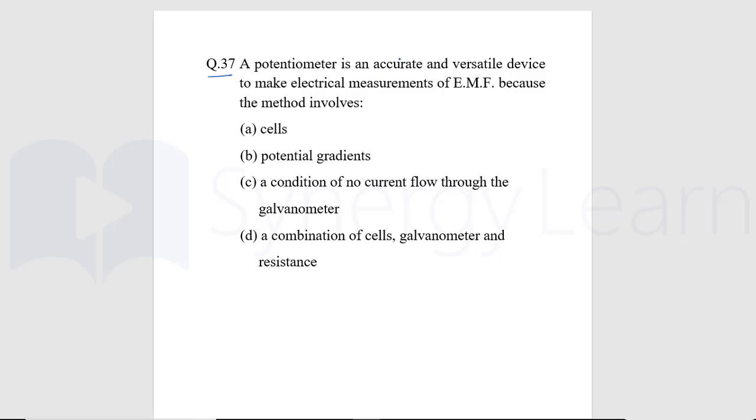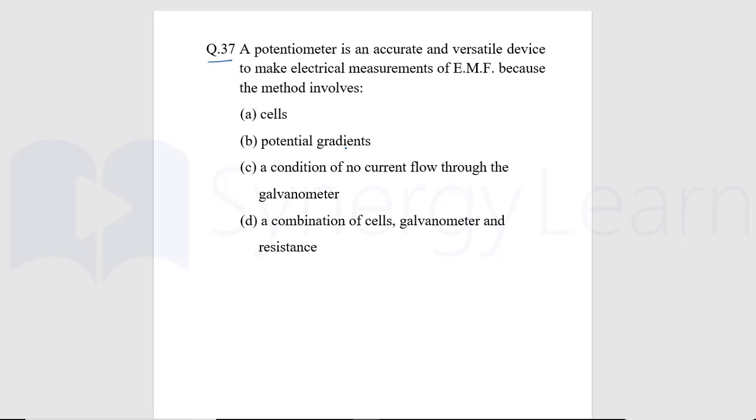Question number 37. It says a potentiometer is an accurate and versatile device to make electrical measurement of EMF because the method involves. So remember the merit of potentiometer over conventional voltmeter and ammeter. Conventional voltmeter and ammeters draw current from the circuit.